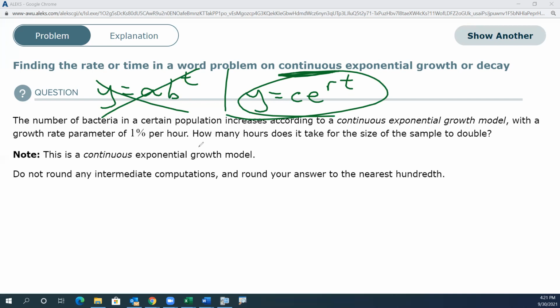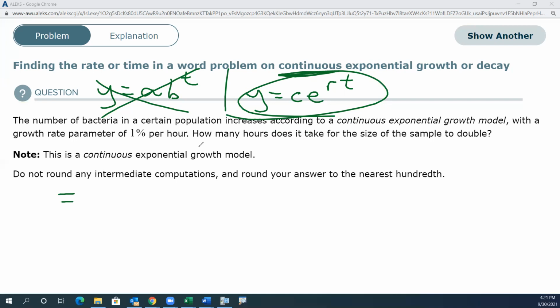Okay, so the number of bacteria in a certain population increases, so it's getting bigger. So that tells us that our r value is positive, not negative. According to a continuous exponential growth model with a growth rate parameter of 1% per hour. So how many hours, so we're solving for t, does it take for the size of the sample to double? All right, so using our Ce^(rt) equation, let's see.